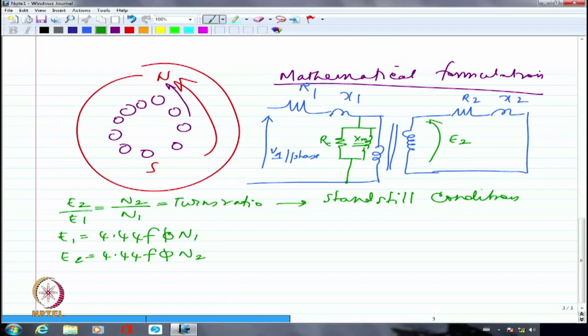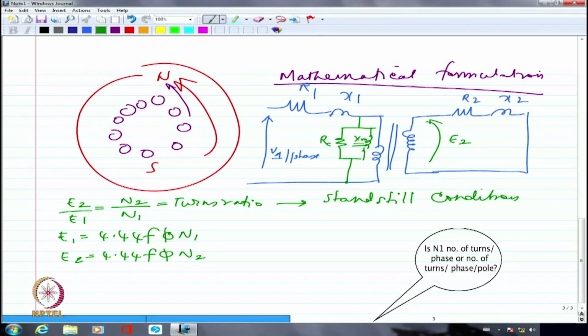If I am talking about flux as flux per pole, then I will also have N1 as the number of turns per phase per pole. So depending upon whether I am connecting all of them in series or parallel, those things also matter. Sometimes I may connect some of the windings in parallel or series, depending upon whether I want a high torque machine, high speed machine, or high power machine.